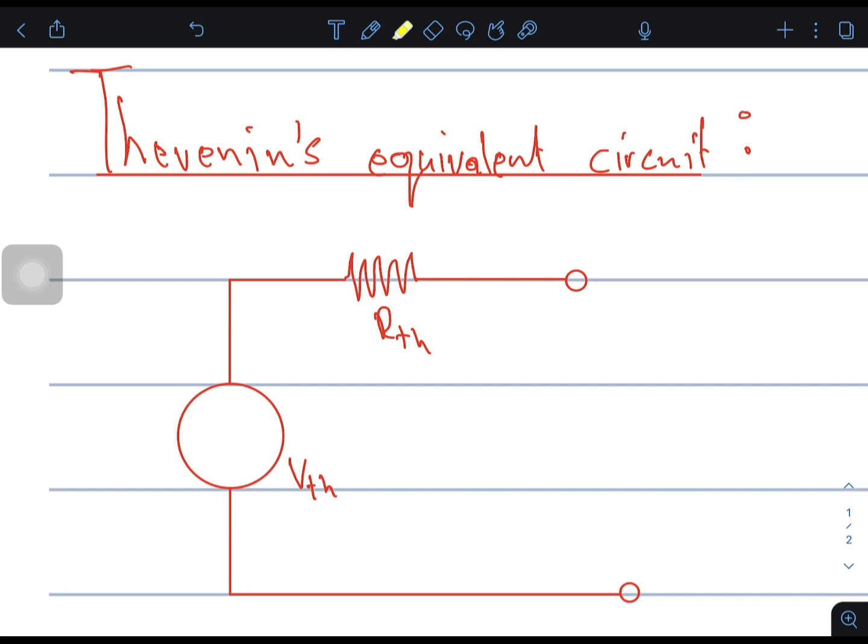We see that a Thevenin equivalent circuit consists of a Thevenin EMF in series with a Thevenin resistance. Let us write that as terminal A, terminal B. Every time we are doing Thevenin's theorem, we are reducing the circuit in this format.